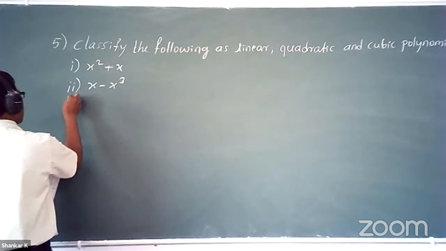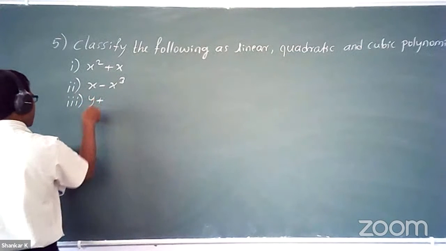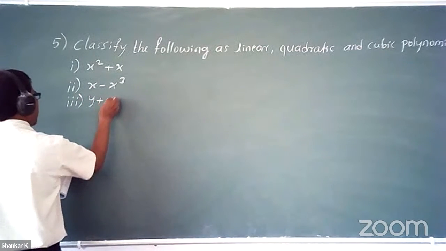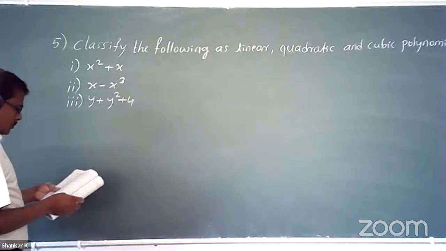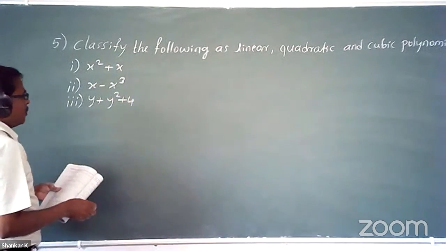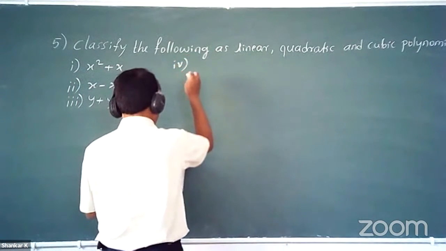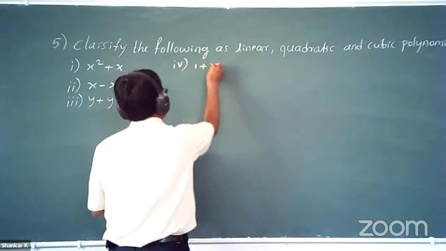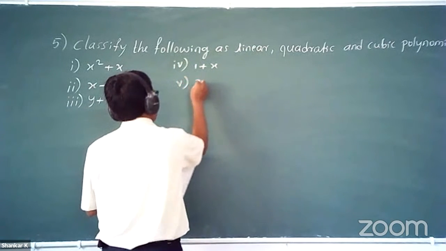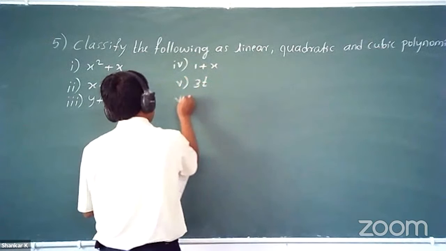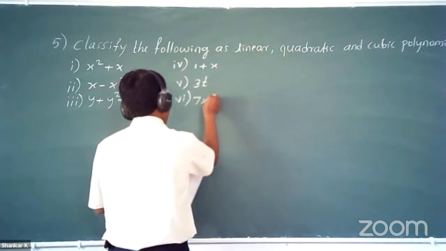Third, y plus y square plus 4. Then fourth, 1 plus x. Fifth, 7 x cube.